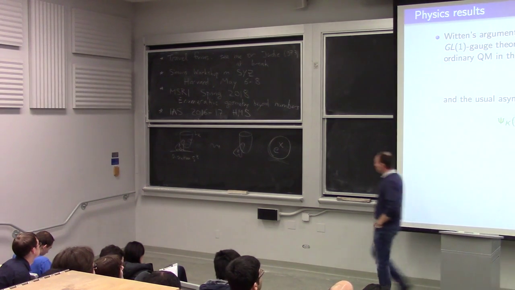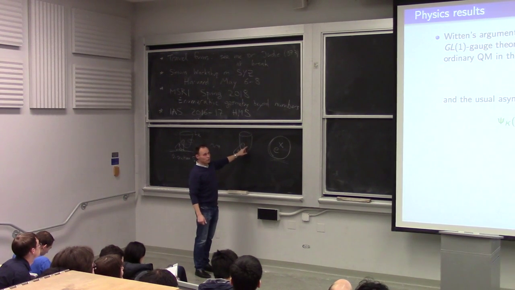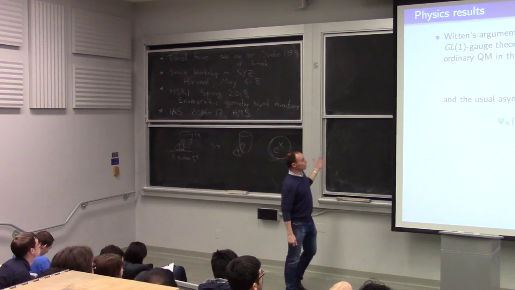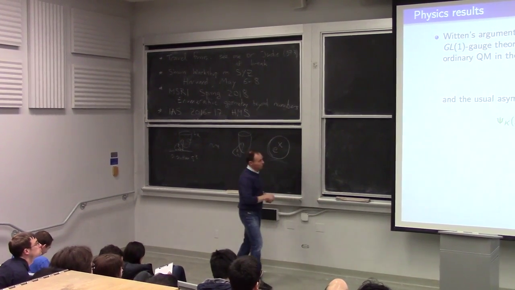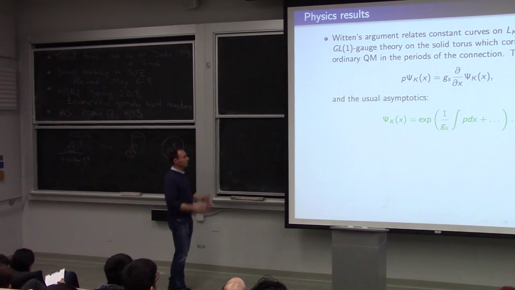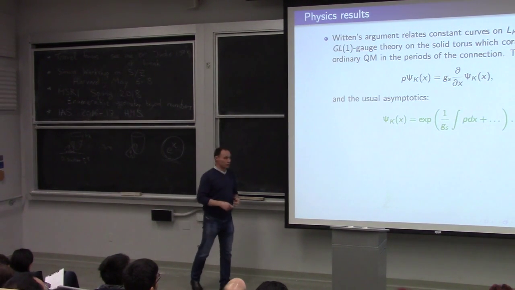But those again we can, in a simple way, use this sort of Witten argument to control. So they basically correspond to a very simple GL1 or U1 Chern-Simons theory on S1 times R2.